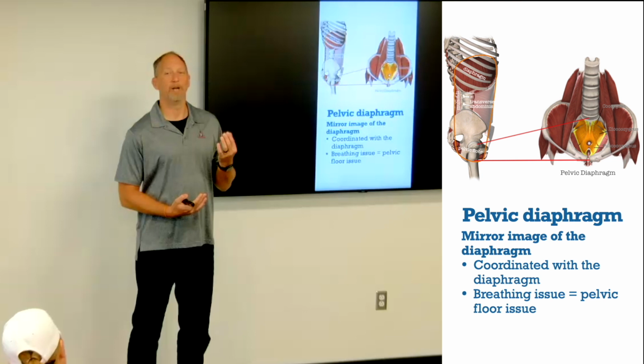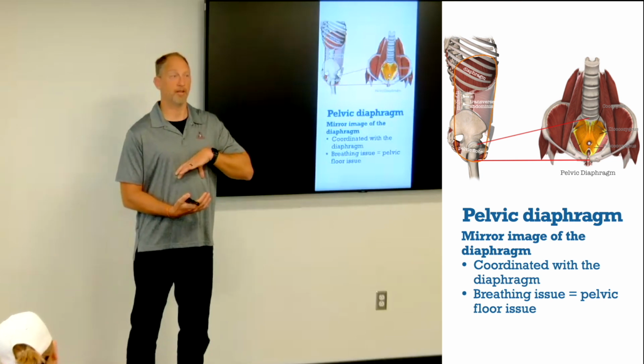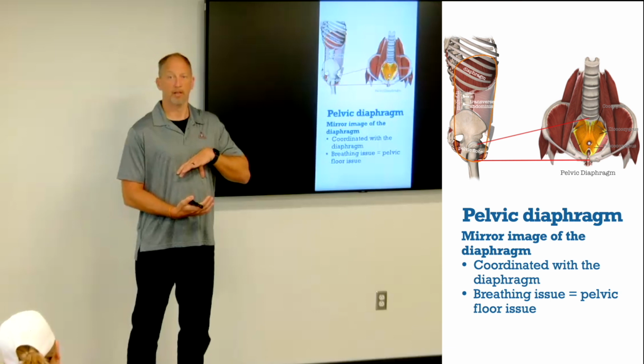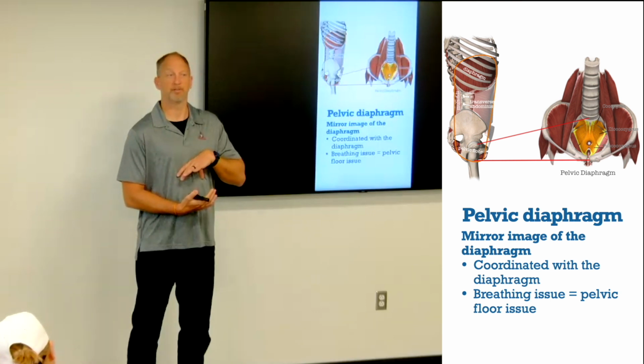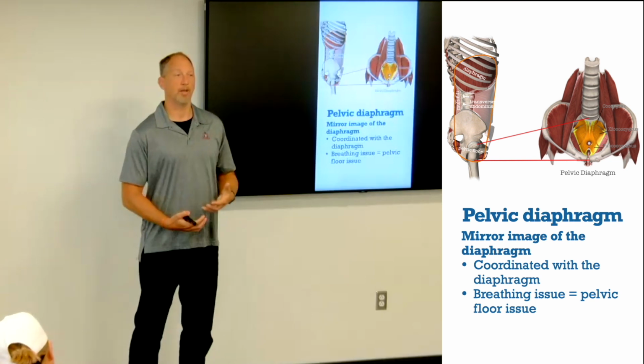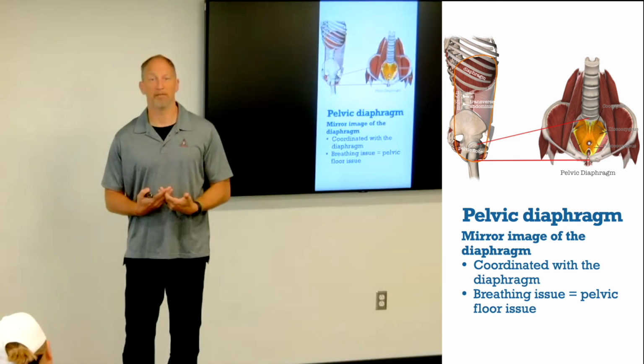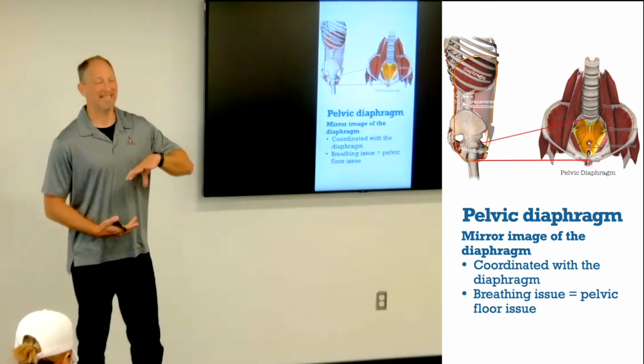Now, which is more critical, the pelvic floor doing its job or the diaphragm doing its job? The diaphragm. So, less risk of error. One action potential controls the whole diaphragm. You have 18 at the pelvic floor. That's why we see so many pelvic floor issues, not as many diaphragm issues.